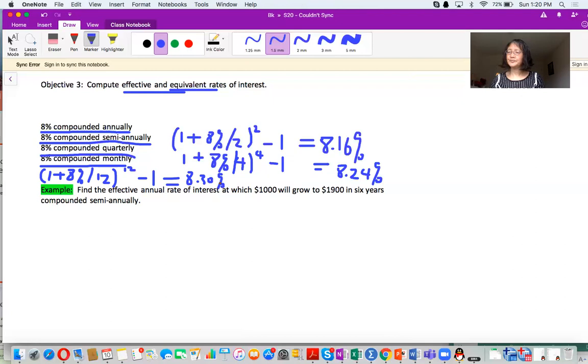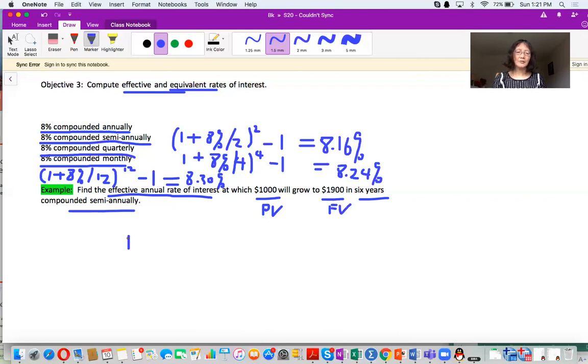Let's look at this example. Find the effective annual rate of interest at which $1,000 will grow to $1,900 in 6 years, compounded semi-annually. Let's identify this: 1,000 is the present value, 1,900 is the future value.